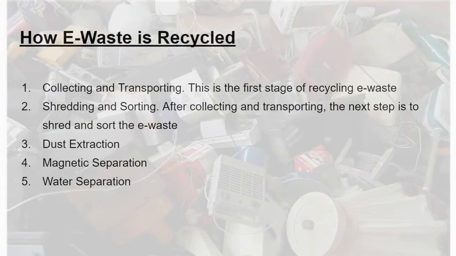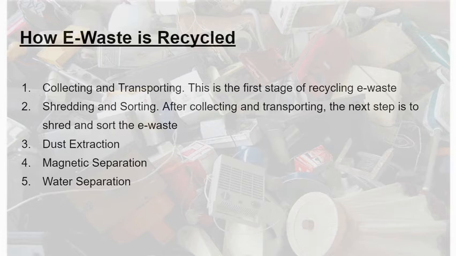So let's explain the cycle of how e-waste is recycled. First it is collected and transported. So this is the first stage of our recycling process. Next it is shredded and sorted. So after collecting and transporting, the next step is to shred and sort the e-waste.